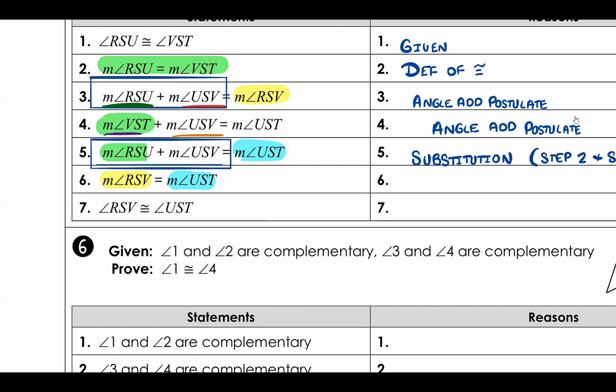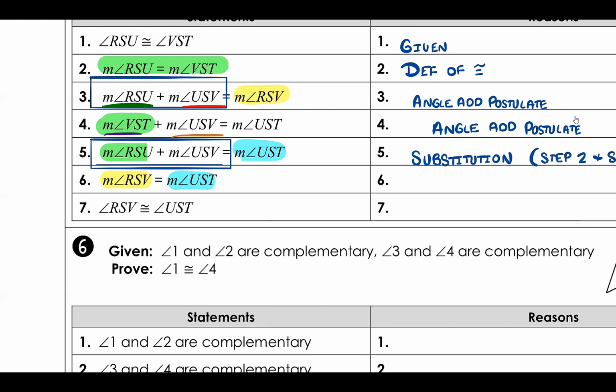So if they both equal the same thing, they must both equal each other. What do we call that property? If A equals B and B equals C, then A equals C. What do we call that? We've used it. Come on, ride the train. Transitive.